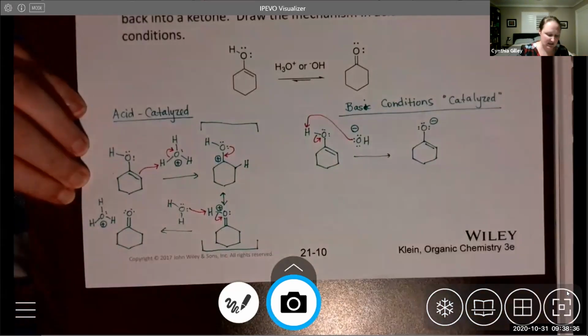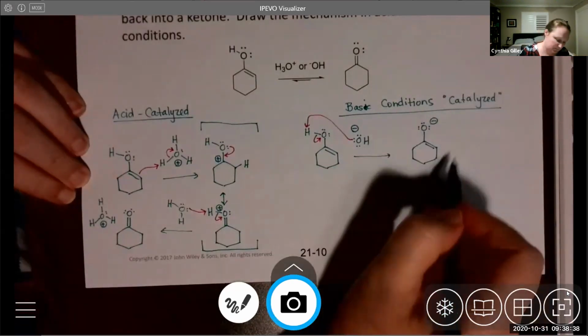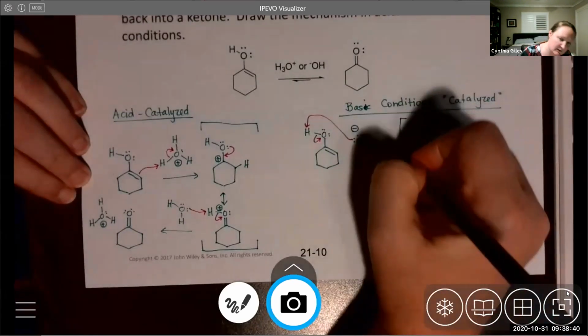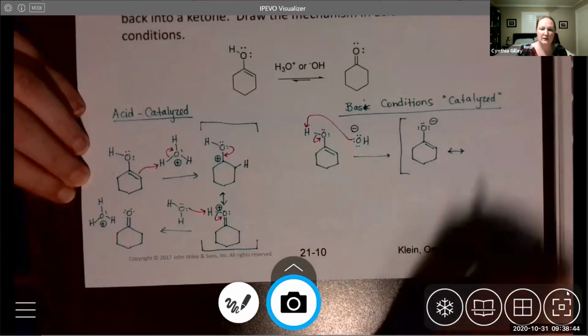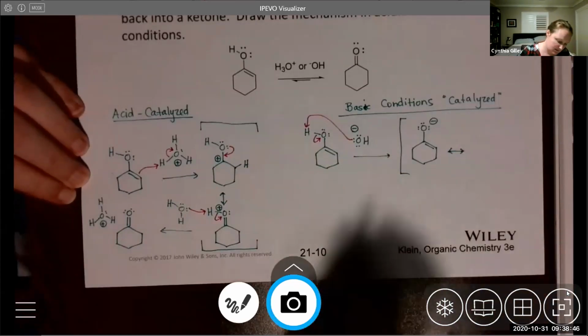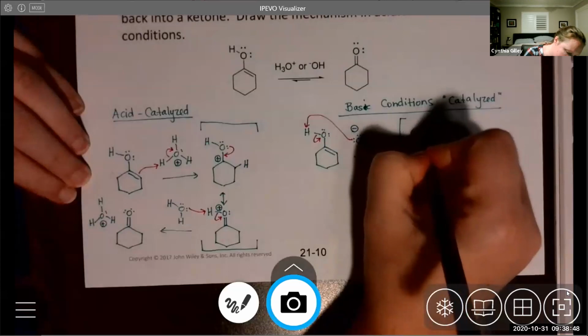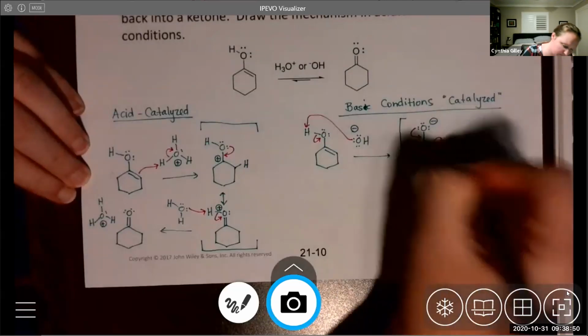Notice that that actually gives us an enolate, and enolates are resonance stabilized. So we can go ahead and draw out a resonance contributor. The pattern I'm going to draw is the allylic lone pair.